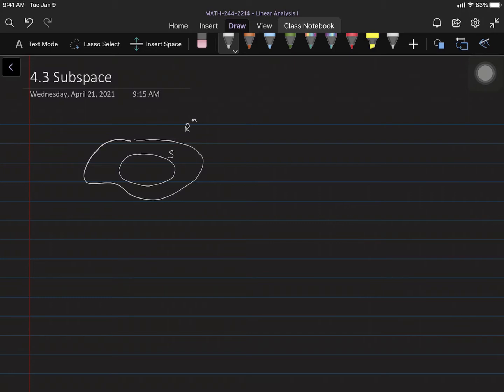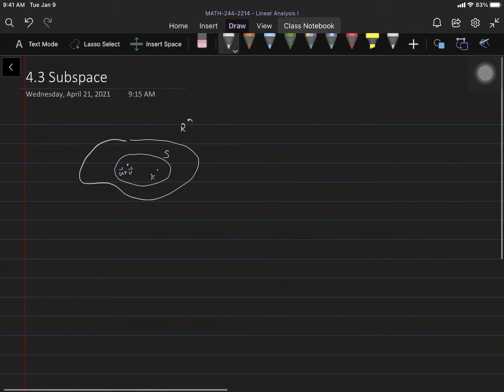And if it's closed under scalar multiplication and addition, that means if we have two vectors and we add them together, U plus V still belongs to S, and the scalar multiplication is also in S. It doesn't go outside. Okay, it's still a vector space. So what is a subspace?